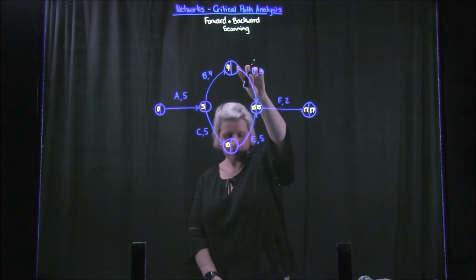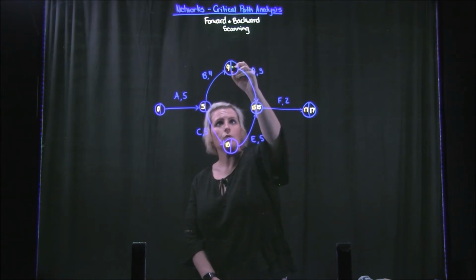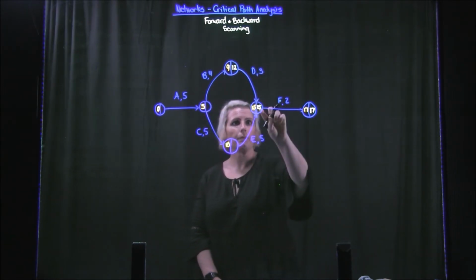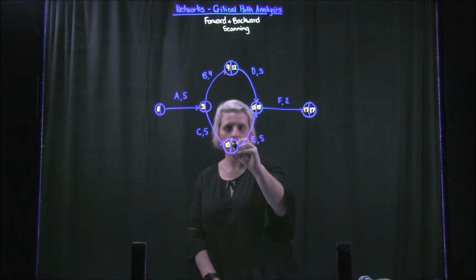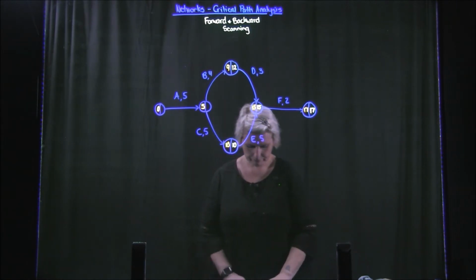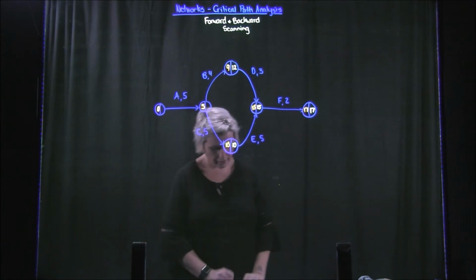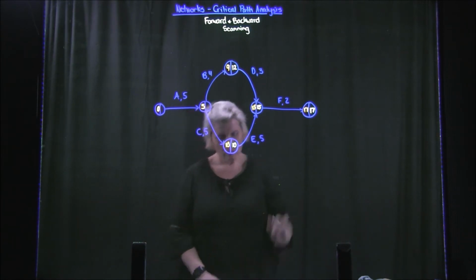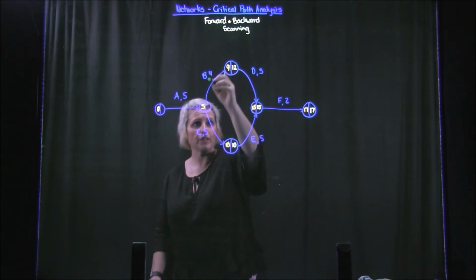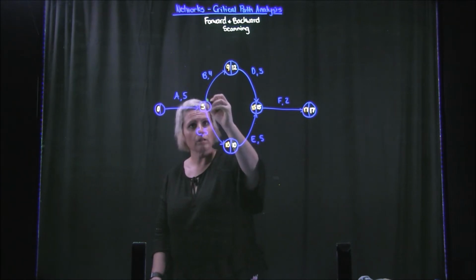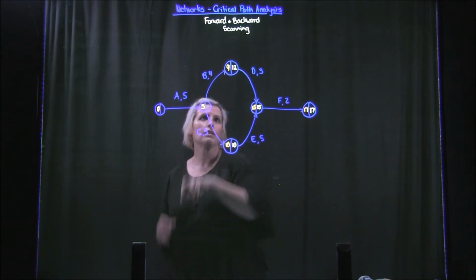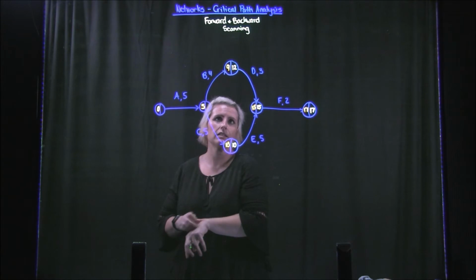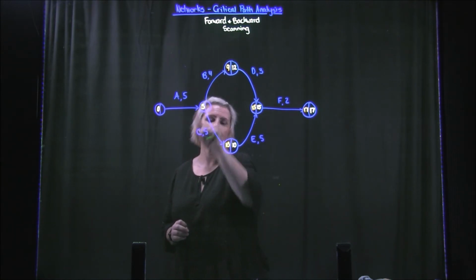So 15 take 3 is 12. 15 take 5, 10. Then we'll go this way. So 12 take 4 is going to give us what, 8? But then 10 take 5 gives us 5.